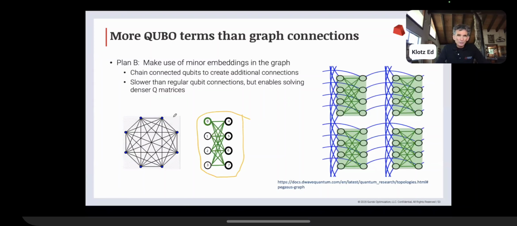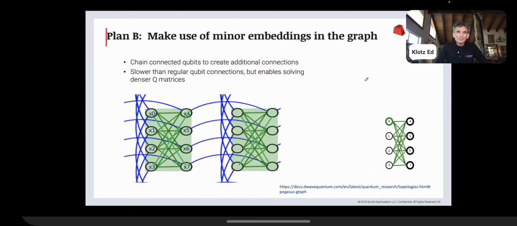And we want to embed a subgraph of the logical graph associated with the Q matrix that is complete. How do we do this? Well, we have all these edges that I've highlighted in red in the unit cell that are not connected in a single unit cell. So what can we do instead?